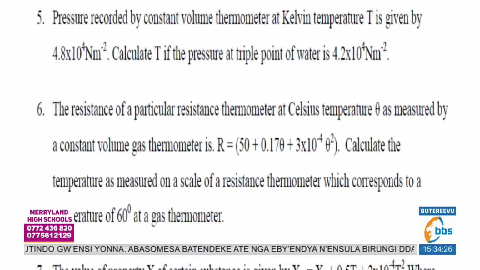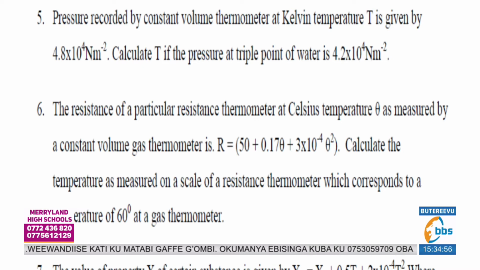Now, they are telling us that the resistance of a platinum wire or of a particular resistance thermometer at a certain temperature is related to the temperature that a constant volume gas thermometer will read by that equation. Now the equation of R, by the way, you will add theta on R as a subscript, write it as R theta.